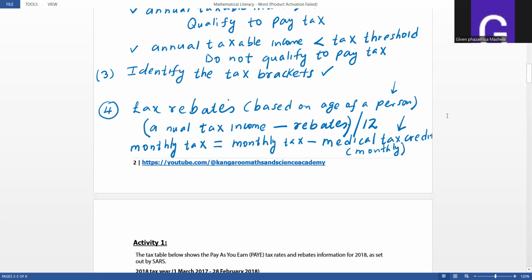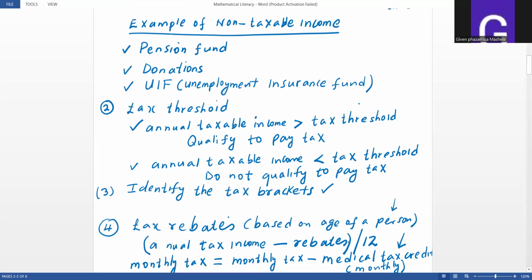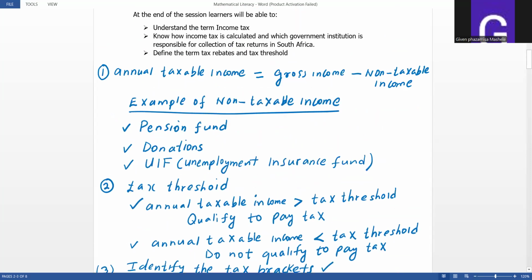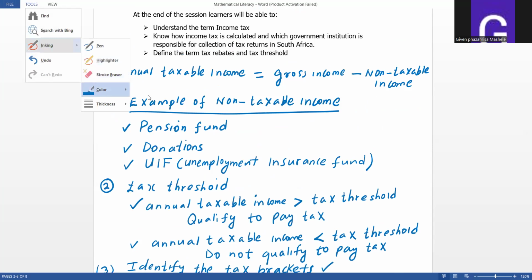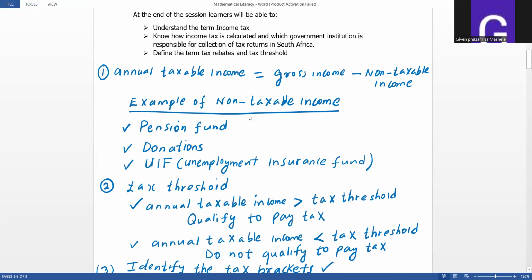And this is very important, ladies and gentlemen. Let me go back and explain this step by step. Number one, when you are calculating an income tax, first of all, you need to check whether the person qualifies to pay tax or not. To do that, you need to look at what you call the tax threshold.